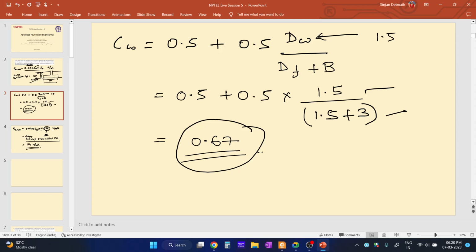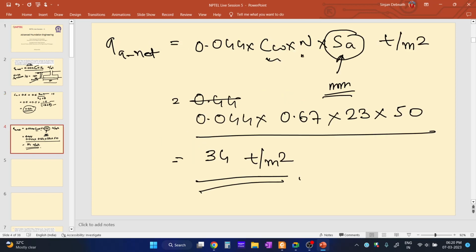I have just put all the values of all the parameters from the question in this equation. If you calculate, you will get CW as 0.67.